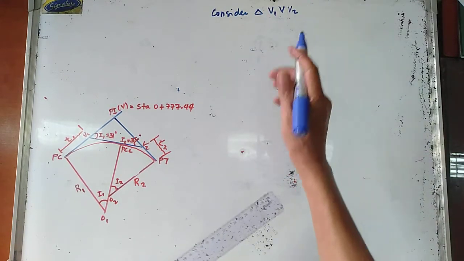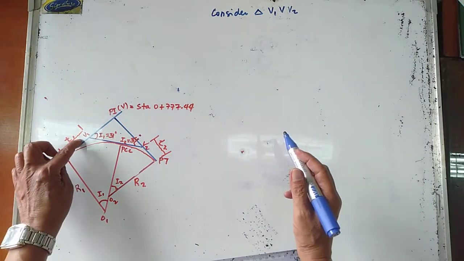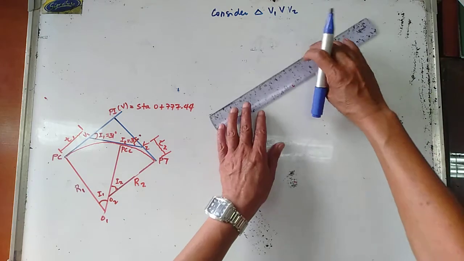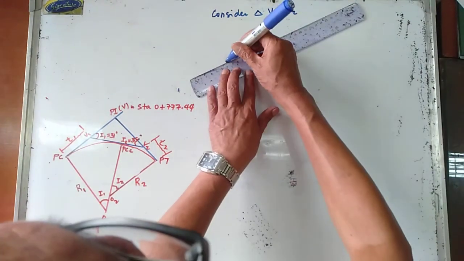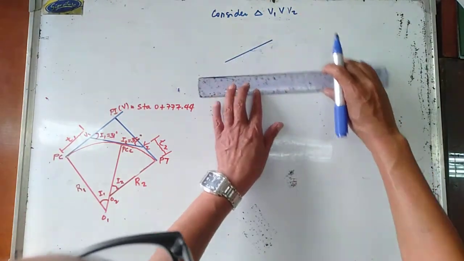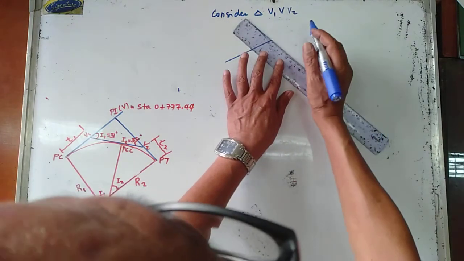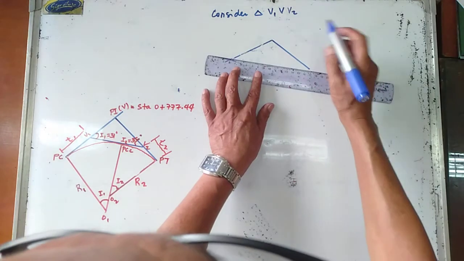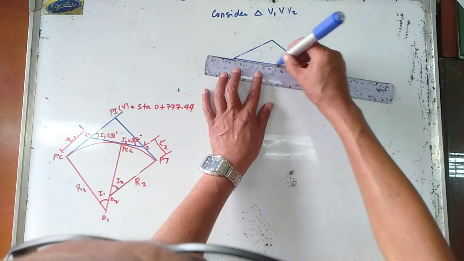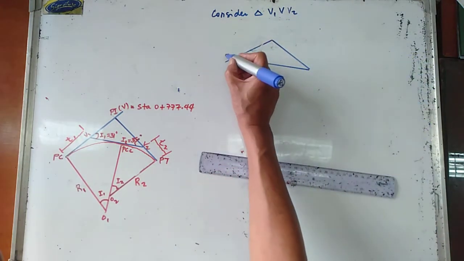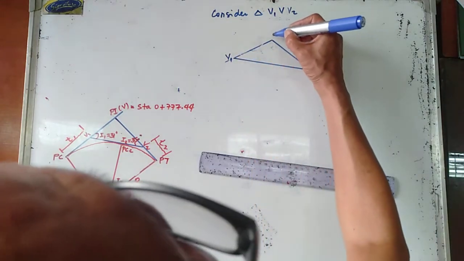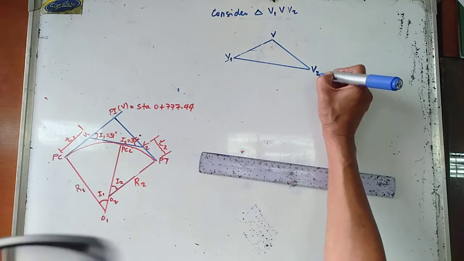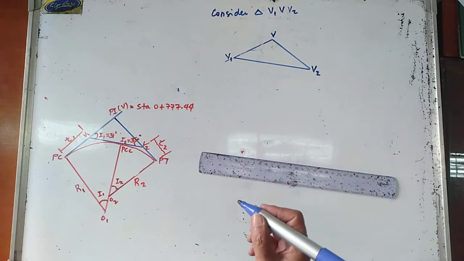Let us consider triangle V1, V, and V2. This is your V1, this is the vertex or PI of the compound curve, and this is your V2.